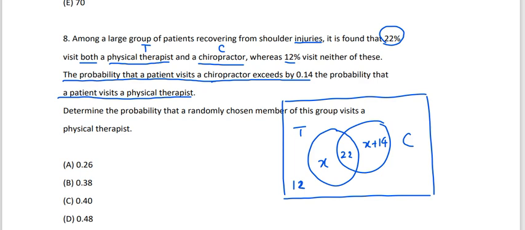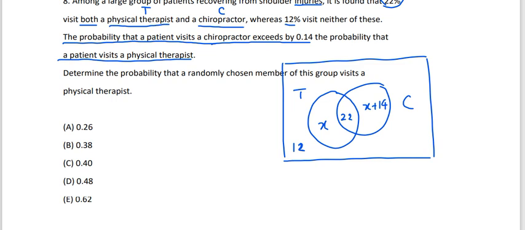The total percentage is 1, right? So totally 12 plus X plus 22 plus X plus 14 equals 100. So we can find X.